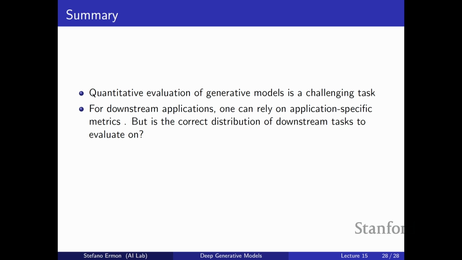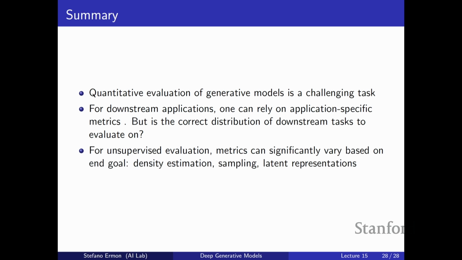We have some coarse ways of comparing models, and we have a sense that we're making progress over the years, but there's a lot more work to be done in coming up with better metrics. Even if you have large-scale benchmarks with a lot of tasks and metrics, it's still not obvious how you weight them and what the right distribution of tasks is for using the model. So, lots of work to be done in this space.